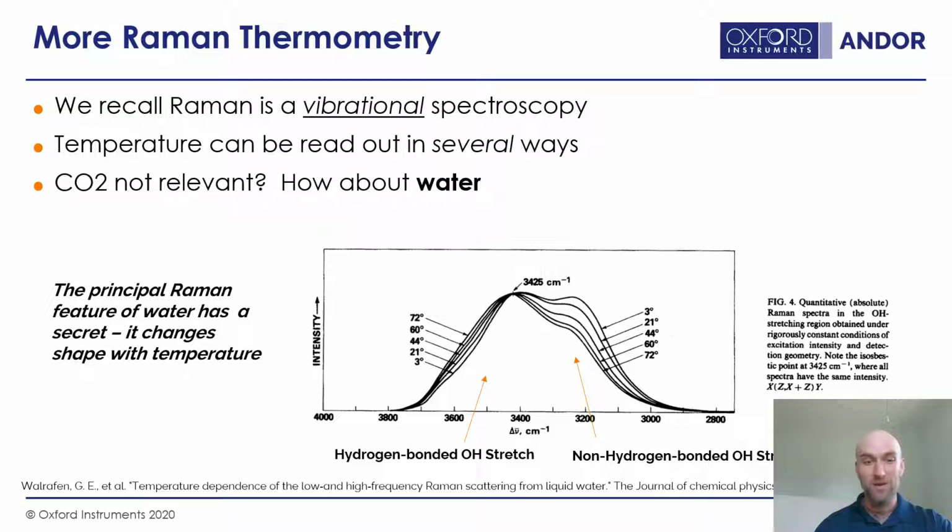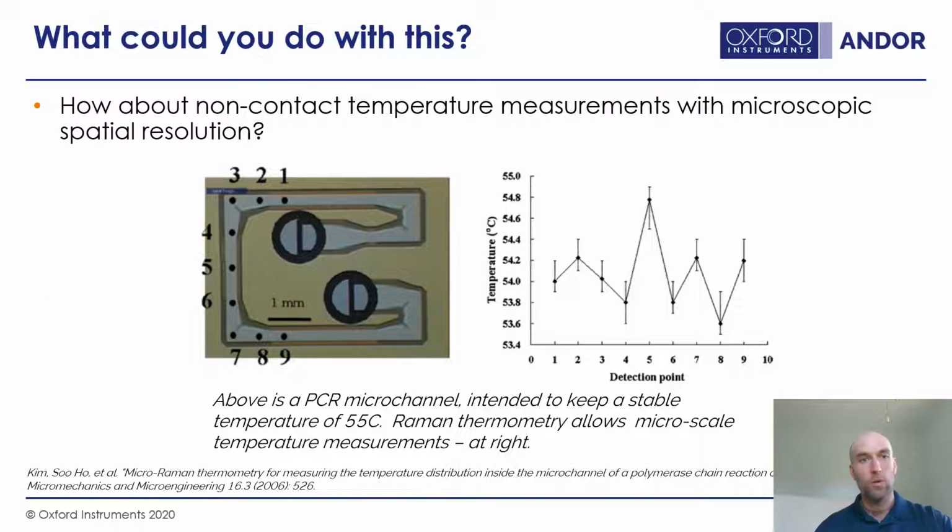So here's one particular application, and this is a group that is looking at a PCR microchannel, so a polymerase chain reaction. You're flowing liquid through here, and you want to maintain a stable temperature of 55 C. That would be very difficult with a traditional, even very small thermocouple, or many other ways of measuring temperature spectroscopically.